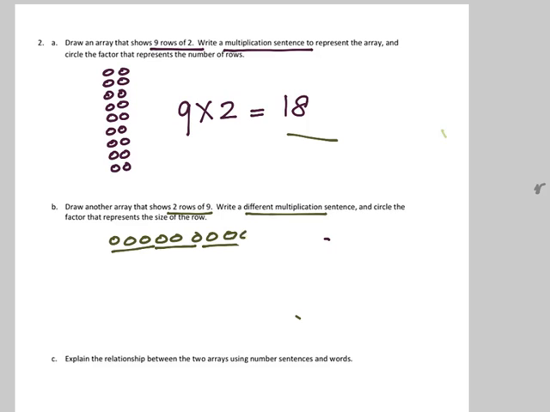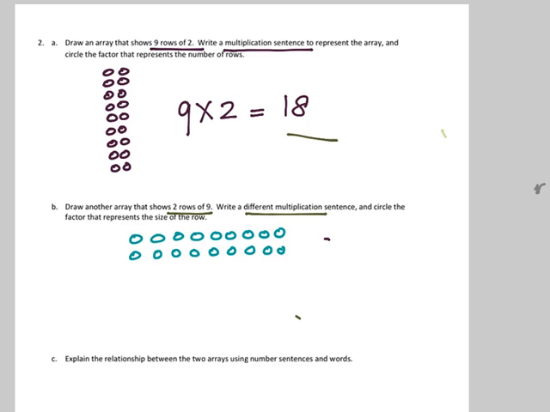Okay, so that's 1 row of 9. Let me draw like this. 1, 2, 3, 4, 5, 6, 7, 8, 9. 1, 2, 3, 4, 5, 6, 7, 8, 9. So this is 2 rows of 9.